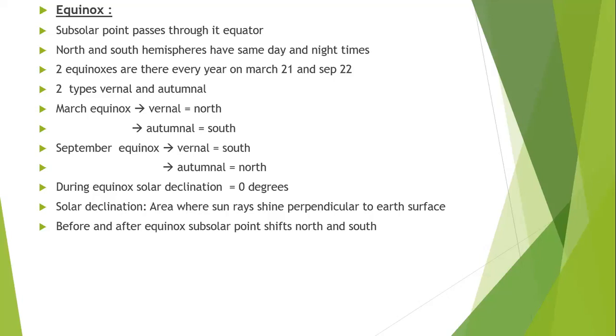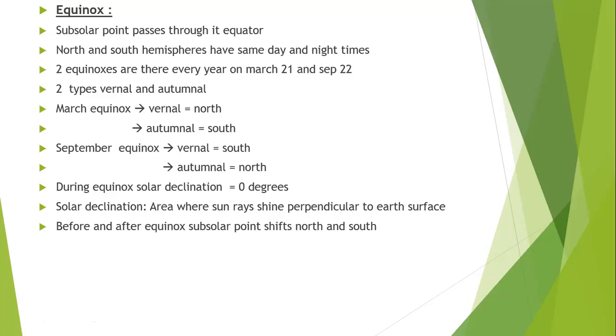The equinoxes are the only times when the northern and southern hemispheres experience roughly equal amounts of day and night. On earth, in a year we get only two equinoxes.